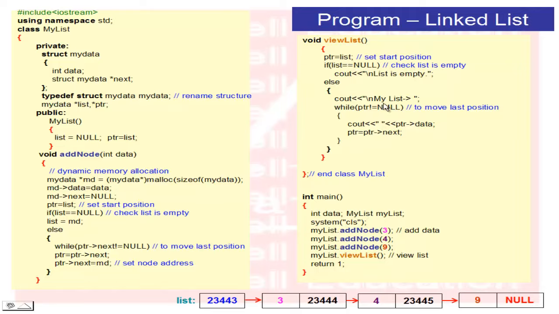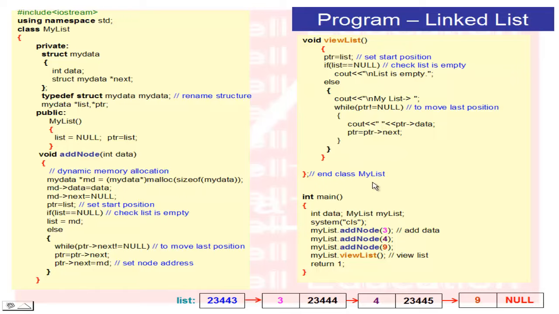Now this is the cout message, and while ptr is not equal to null, one by one we move to the last position and print our data. So cout ptr of data, then ptr equals ptr of next, again check not equal to null, then print ptr of data, and again. If ptr is null, then stop the loop. Okay, so this is the view list function.